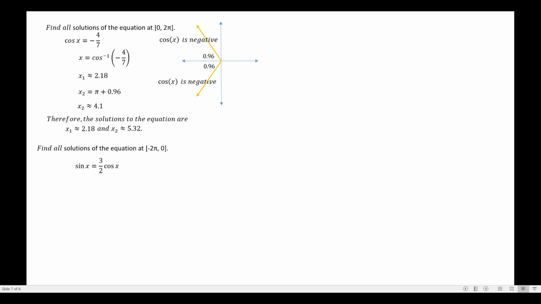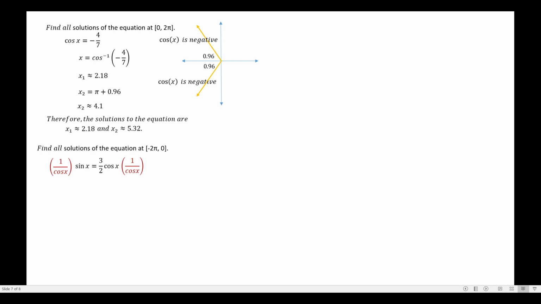One way of doing it is multiplying both sides by 1 over cosine x. Of course, I am not violating any rules in mathematics here, since I am trying to preserve the equality of both sides. I am not changing the given that sine x is equal to 3 halves cosine x.